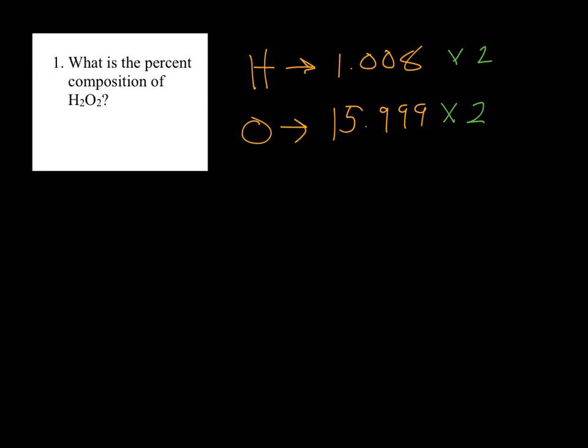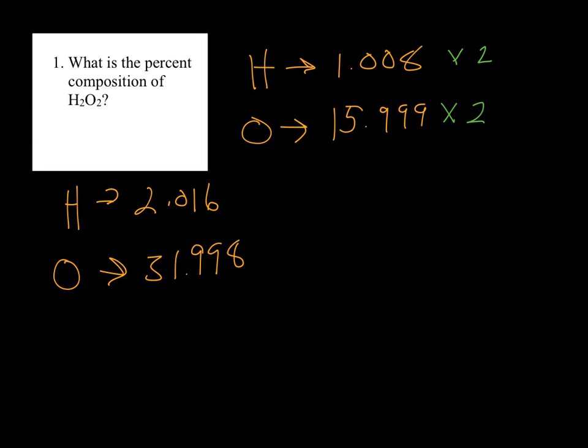Now that gives you a mass of hydrogen of 2.016 and a mass of oxygen of 31.998.